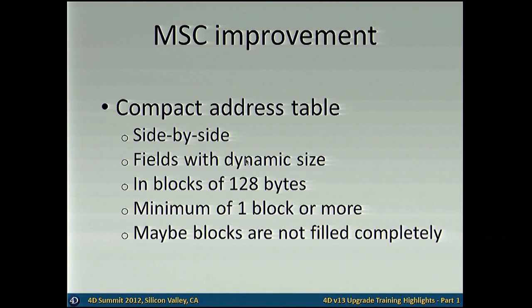And because of the dynamic of fields with dynamic size in 4D, like pictures, blobs, and text, one record can fill 1 block, or 2 blocks, or 3, or 1.5. And so you have holes. You have a fragmentation. You can also have a fragmentation in a fresh new database.